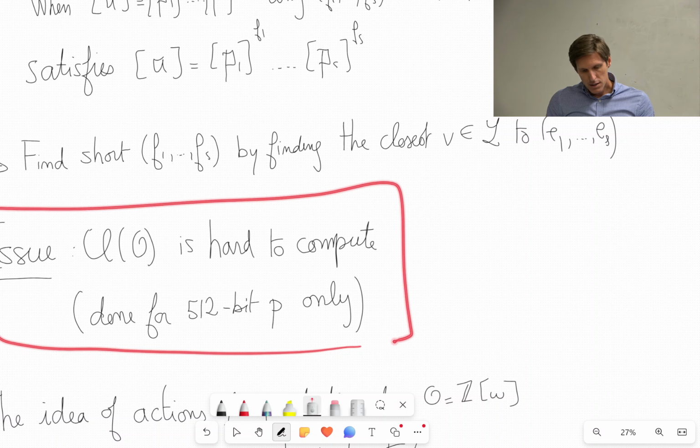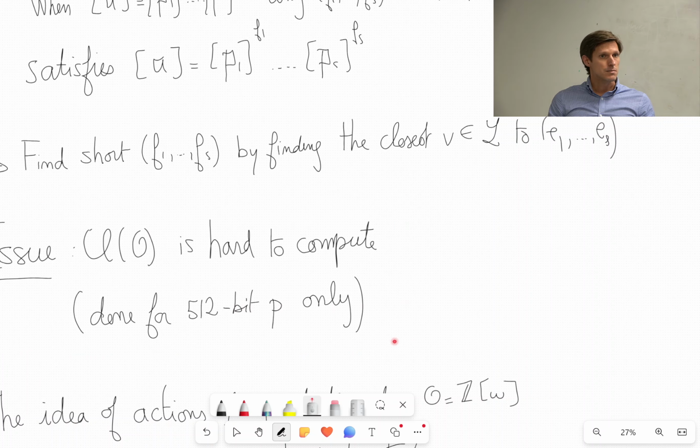With this idea, it requires you to calculate the class group, and the class group is hard to calculate. The best methods that we have are essentially based on the same ideas as integer factorization. And you probably know that the hardness of factoring integers is the core hardness assumption for RSA.